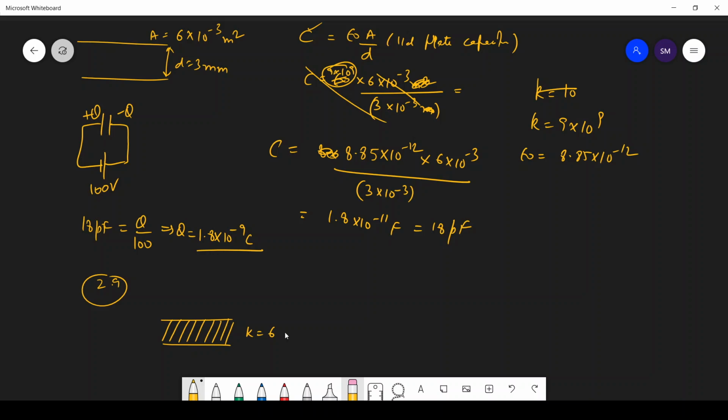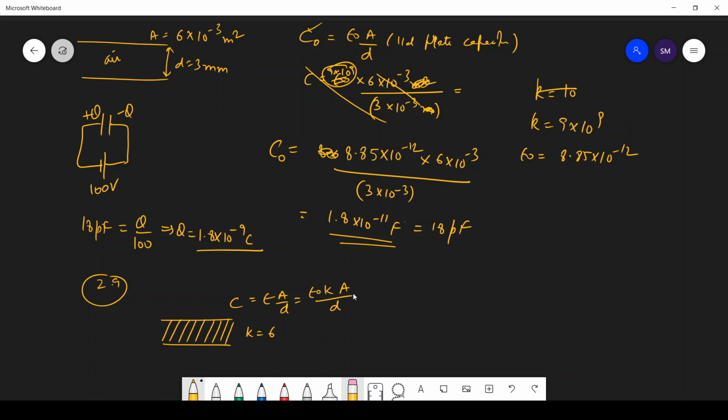So what would happen, you know that the capacitance here was C naught. In air or vacuum, C naught is equal to epsilon naught A by D, and with the dielectric it will be K epsilon naught A by D. We have done this kind of question earlier also.